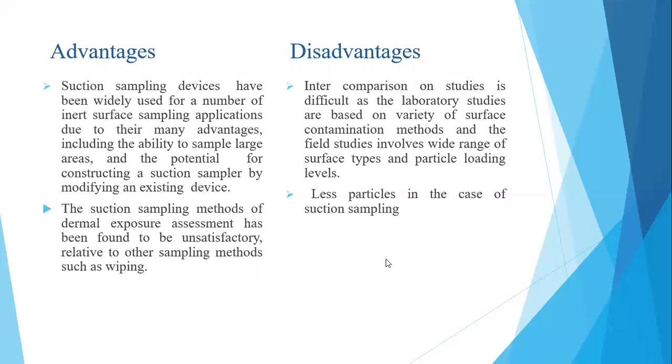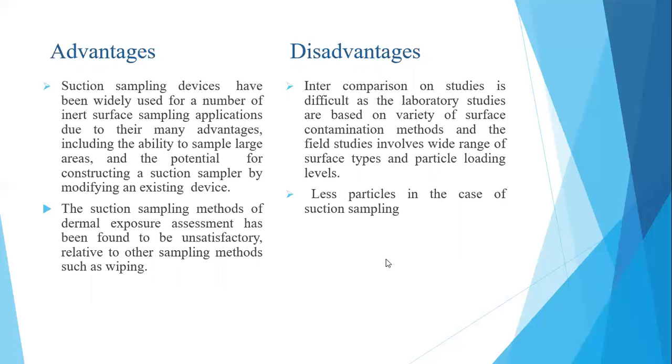Advantages: suction sampling devices have been widely used for a number of indoor surface sampling applications due to their many advantages, including the ability to sample large areas and portability, and they can be constructed by modifying existing devices. Suction sampling methods for thermal exposure assessment have been found unsatisfactory relative to other sampling methods such as wiping.